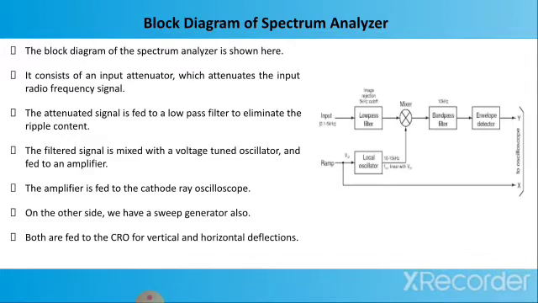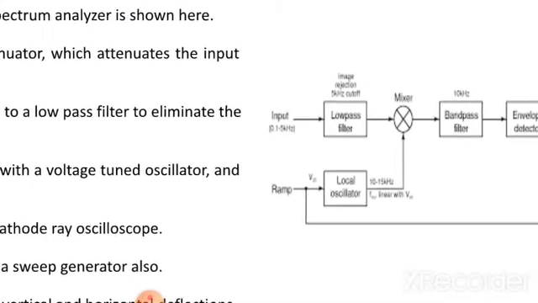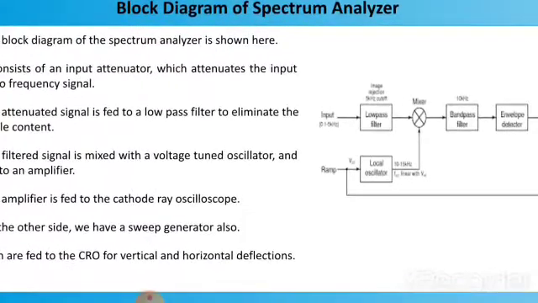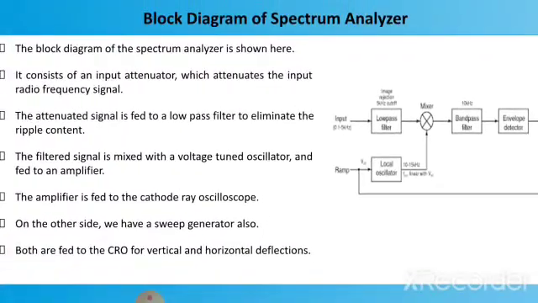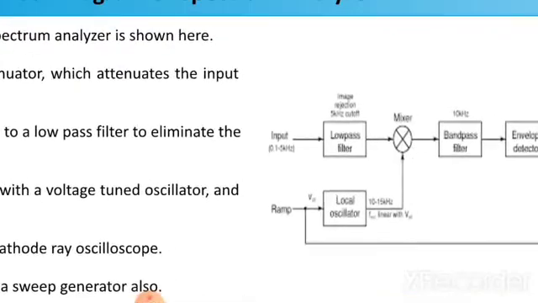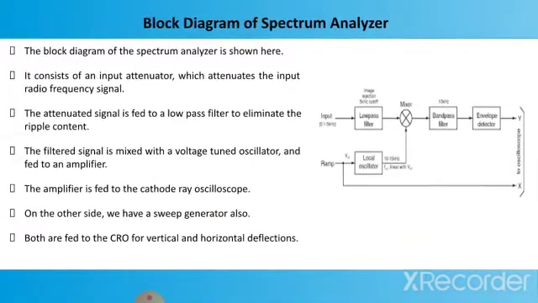The block diagram of spectrum analyzer is shown here. It consists of an input attenuator which attenuates the input radio frequency signal. Next, the attenuated signal is fed to a low pass filter to eliminate the ripple content.